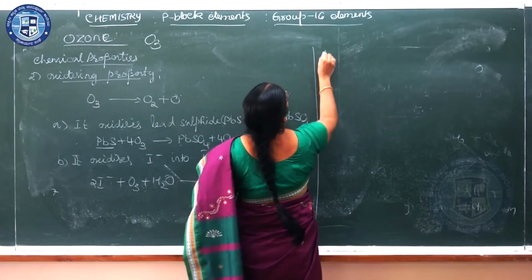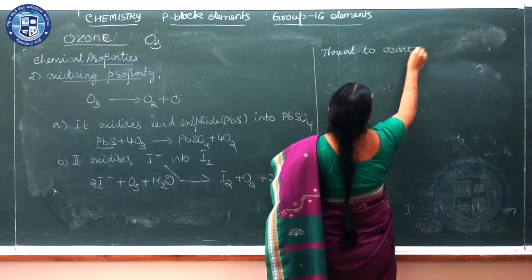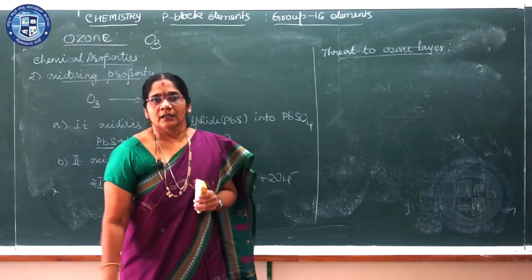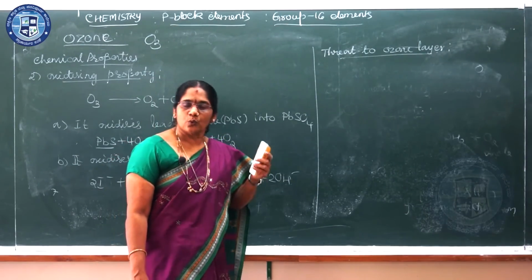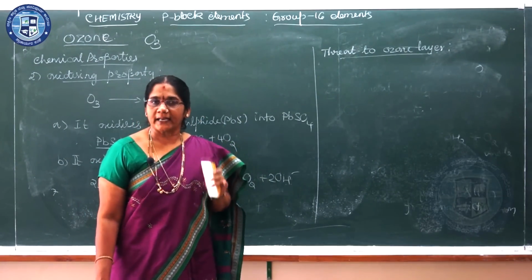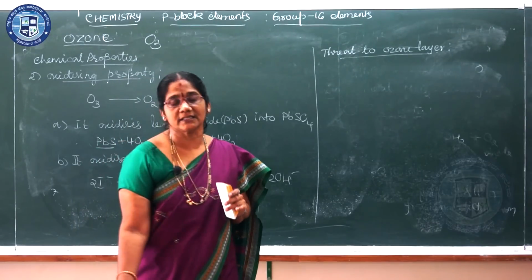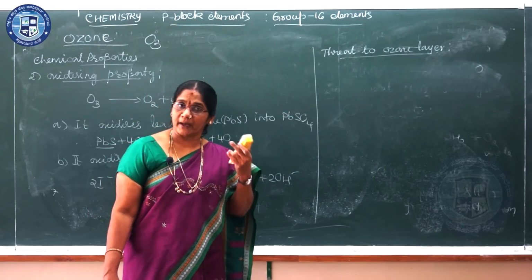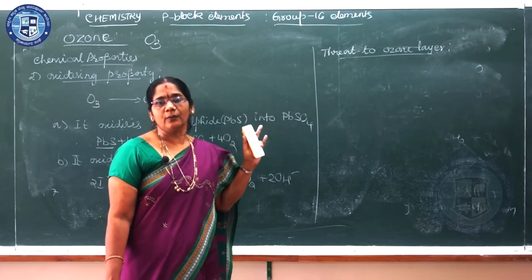And then the third one we are discussing here is threat to the ozone layer. Because of man-made actions, the ozone layer which was there intact protecting human beings from the harmful UV radiation which may otherwise cause skin cancer or cataract, eye problems, is protected till now.